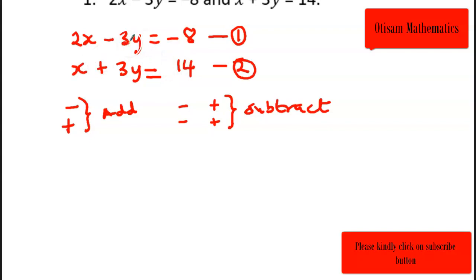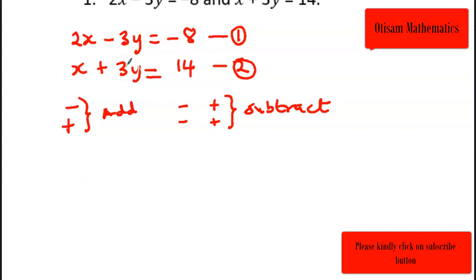The y coefficient here is 3, and the coefficient here is 3, minus and then plus. So we realize that the coefficients of y are the same without considering the sign. So if the coefficients are the same, you don't worry yourself to go and eliminate x.